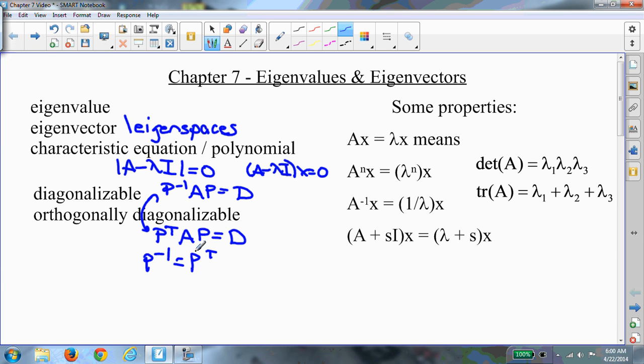Over on the right, it has some of the properties involved. So if Ax equals lambda x, then we have the property A^n x equals lambda^n x, A inverse x equals 1 over lambda x, and so on and so forth. We were also able to calculate the determinant and the trace knowing the eigenvalues.